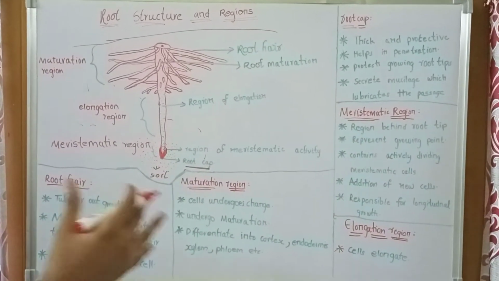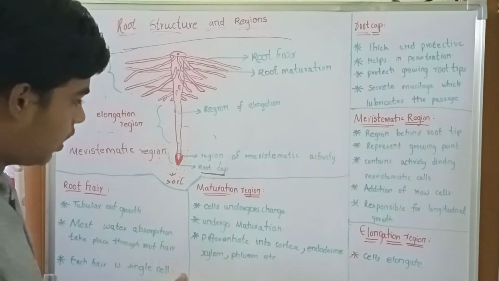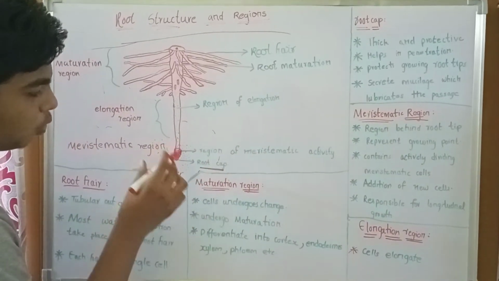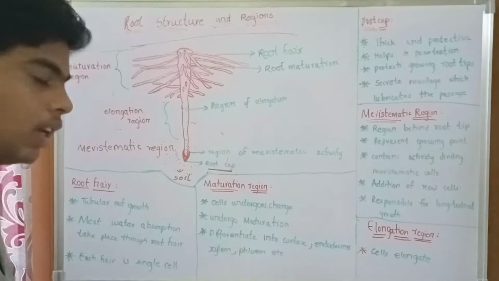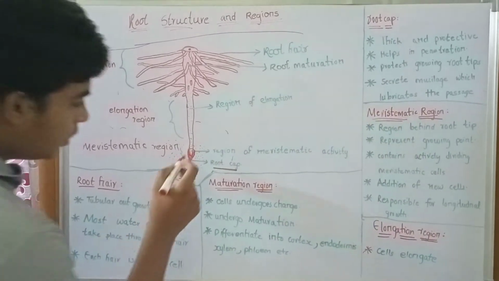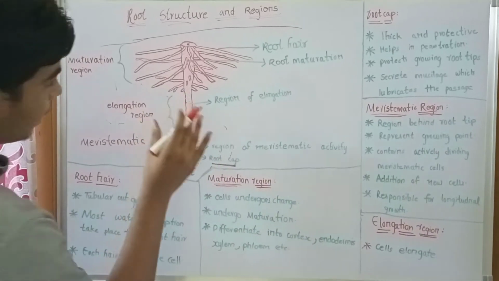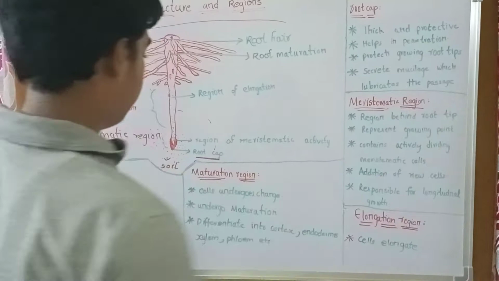How? At the tip of the root, it is not strong, it is weak. In order to protect the tip, the root caps are present, because in the underground soil there are many rocks and some chemicals that will damage the tip of the root. To avoid this, the root caps are attached to these plants. And next, it helps in penetration.